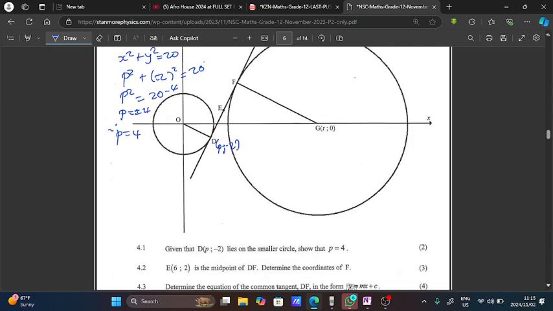E with the coordinates 6 and 2 is the midpoint of DF. Determine the coordinates of F. So they want the coordinates of F. What are the coordinates of F?